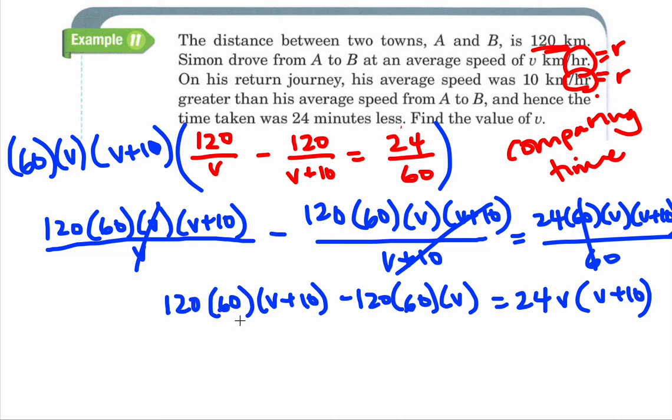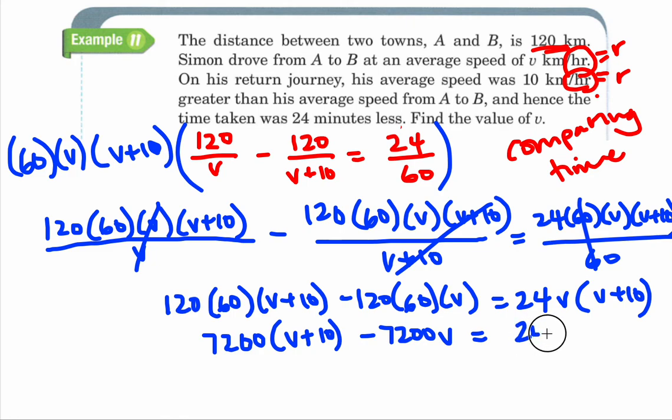120 times 60, put that in my calculator, is 7,200. Okay, times V plus 10, I'll deal with that later, minus the 7,200 again, times V, so just minus 7,200V, equals, these can be distributed, so this is 24V squared plus 240V.